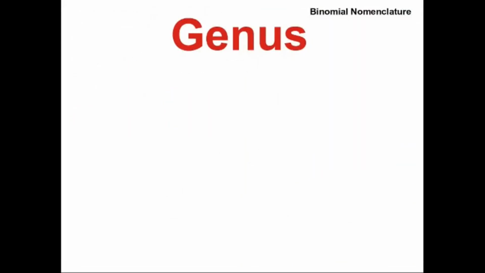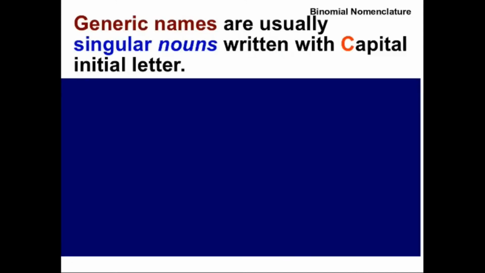Now coming to the genus names or the generic names of plants. Generic names are usually singular nouns written with capital initial letters. So we must be very specific in writing the genus name with a capital initial letter. These are some of the common generic names known to you.